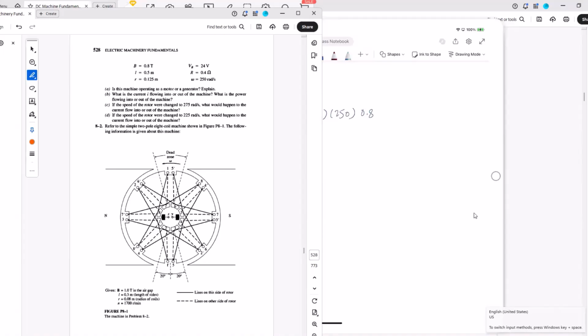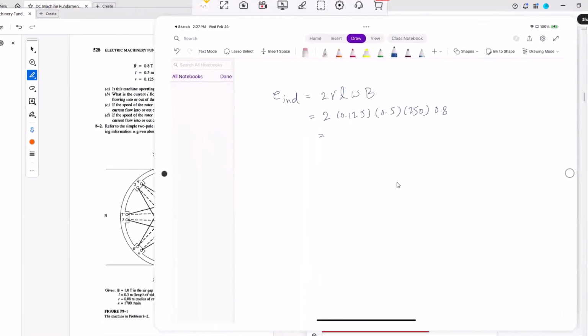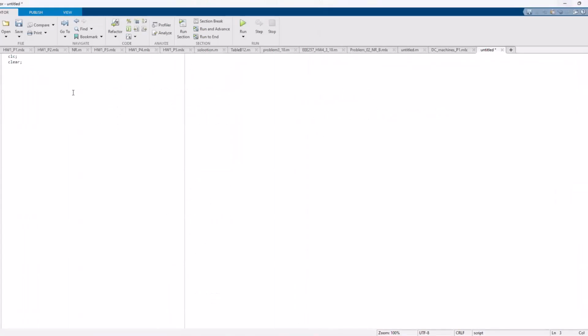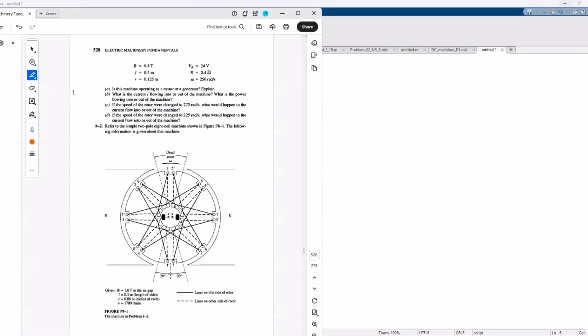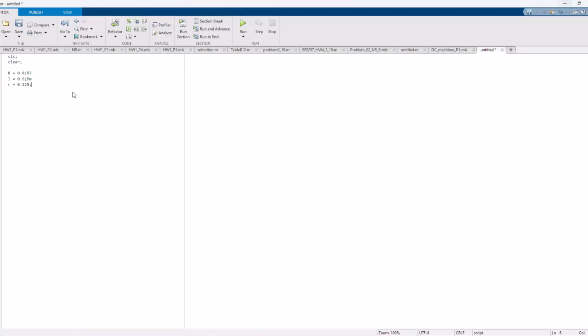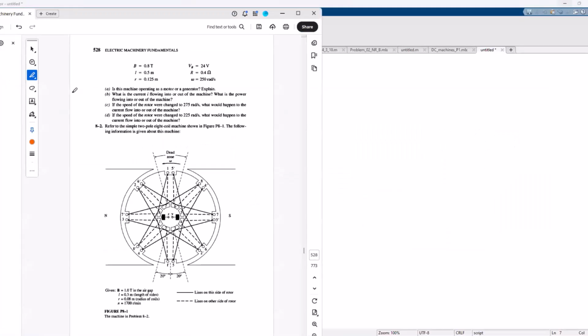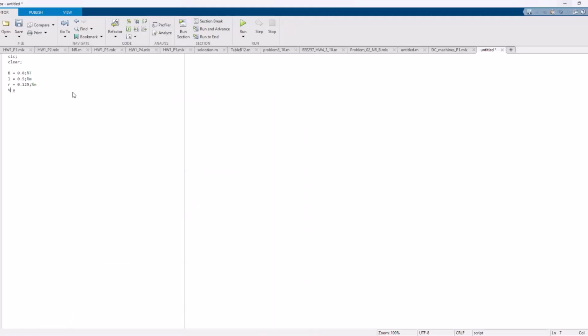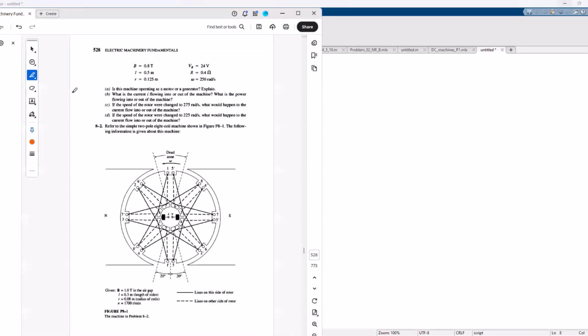How much is that? So let's calculate this. We have B equal to 0.8 Tesla, L equal to 0.5 meters, R equal to 0.125 meters. We have a VB of 24 volts.